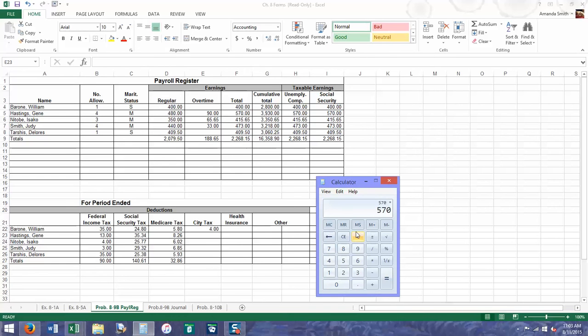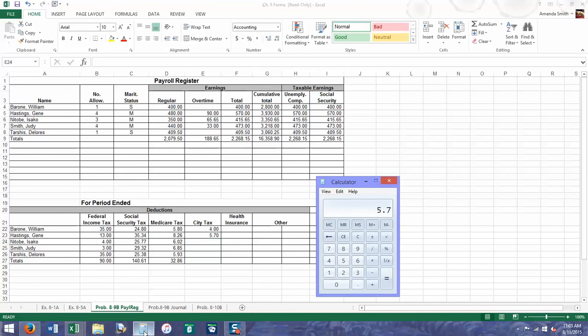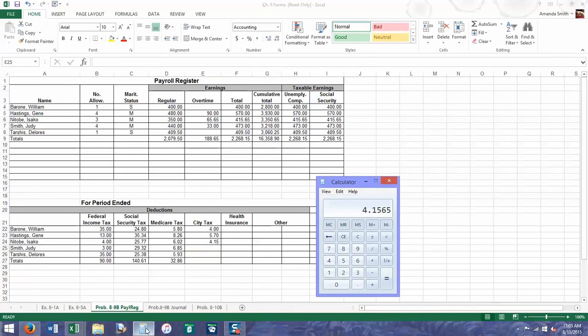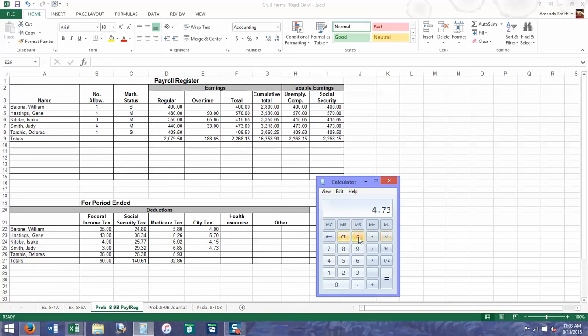Take the 570 times 1%, it's $5.70. $4.15. $4.73. $4.09.